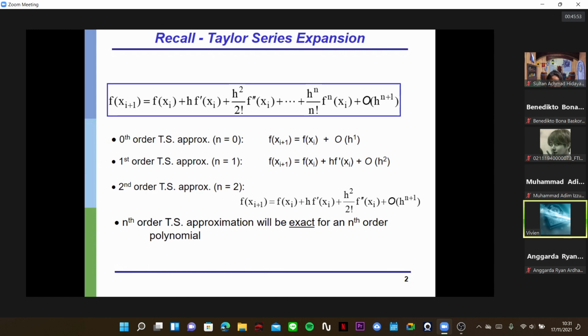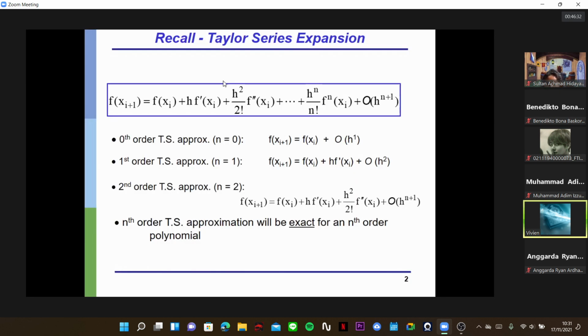You remember that we have the Taylor series expansion, in which we can approximate the value of f(x_{i+1}), that will be equal to f(x_i) plus f'(x_i) times h plus h squared over 2 factorial times the second derivative of x_i, and so on.